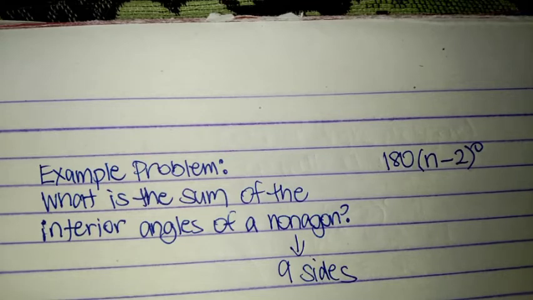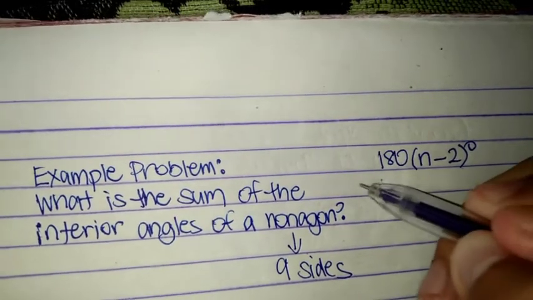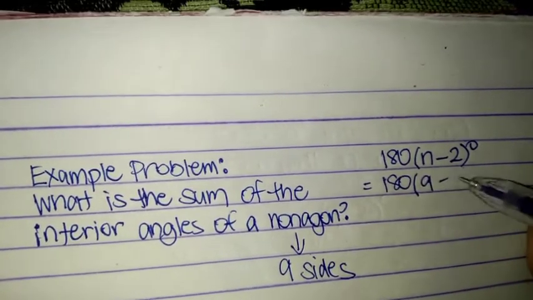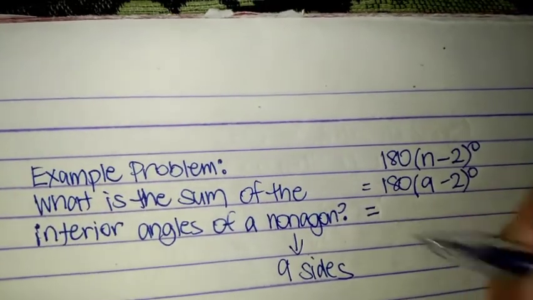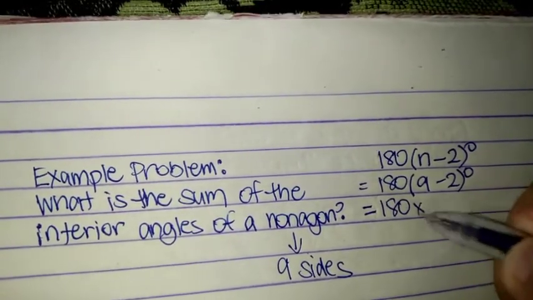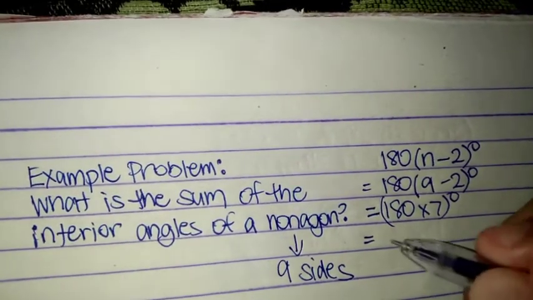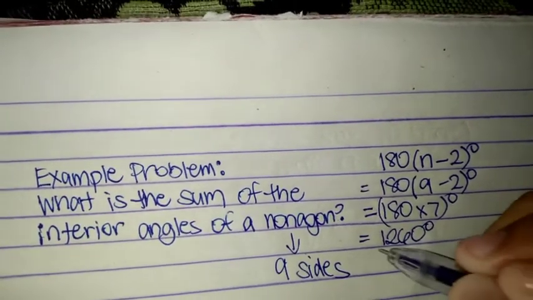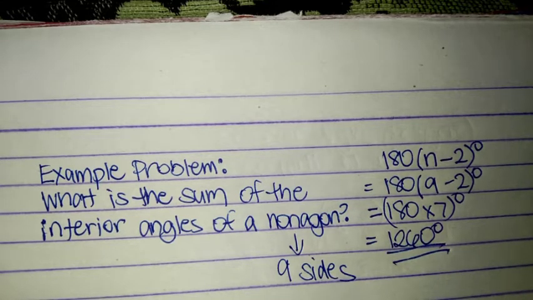We just substitute n equals 9. So we have 180 multiplied by 9 minus 2 degrees is equal to 180 times 7 degrees is equal to 1,260 degrees. That is the sum of the nonagon's interior angles.